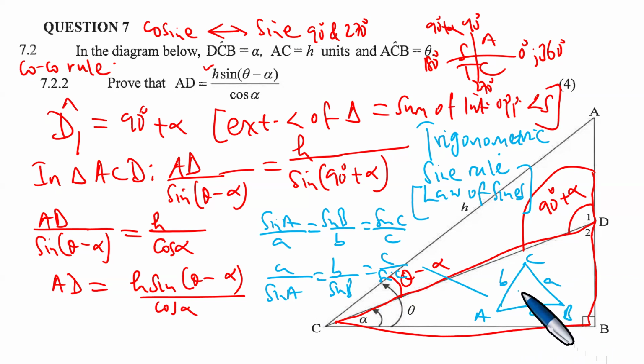Opposite the vertex B is lowercase b, opposite the vertex A is lowercase a, and opposite the vertex C is lowercase c there. Now we have used the law of sines, or the sine rule, to prove the result in question 7.2.2 there. And we continue to establish even more results.